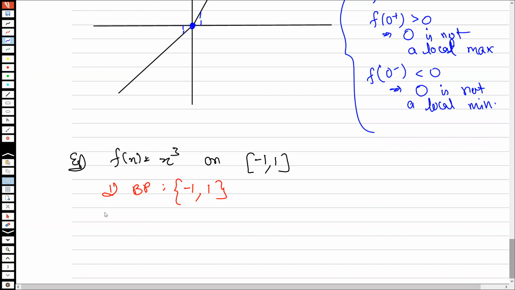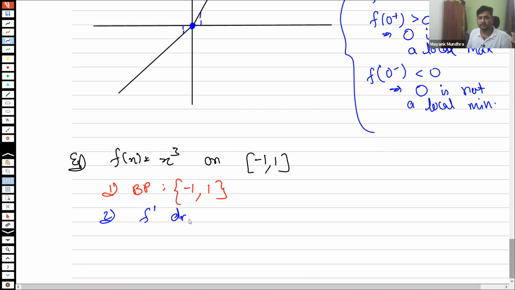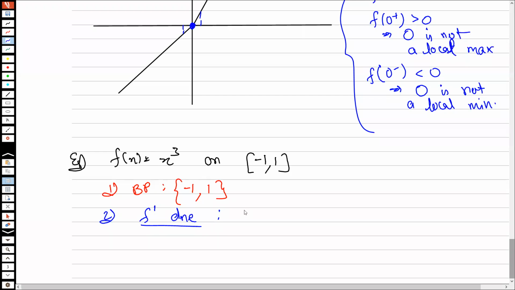Next question to Kanishka. What are the points at which f prime does not exist for this one? Sir, at 0. What is the functional value of f prime? 3x square.